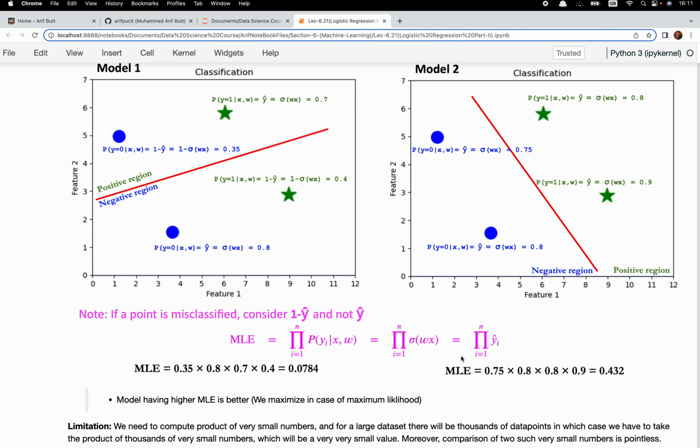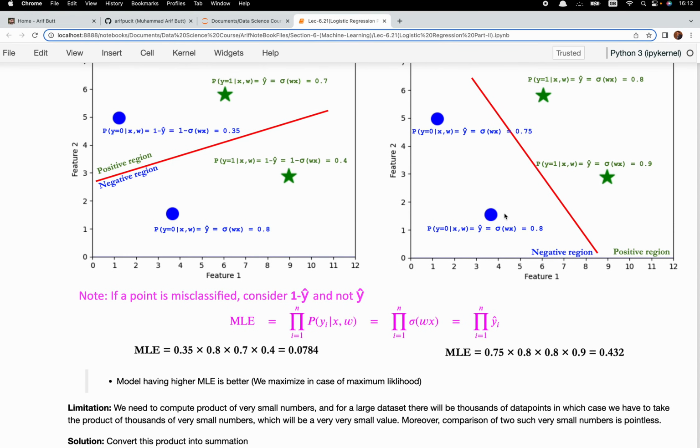So maximum likelihood for model 1 comes out to be 0.0784, and for model 2 it is 0.432. And since model 2 has a higher value of maximum likelihood, it proves to be better. And visually you can see that model 2 is a correct model.